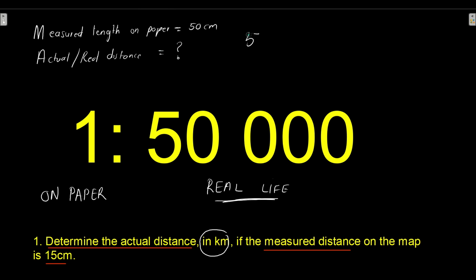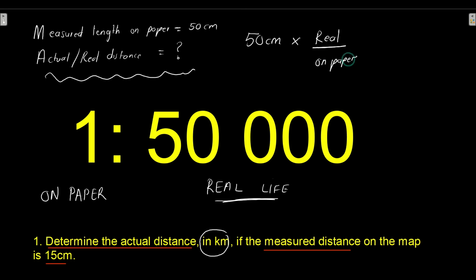Then you just take that 50 centimeters and multiply by what you want. You want the real distance, divided by what you already have, which is the units on paper.